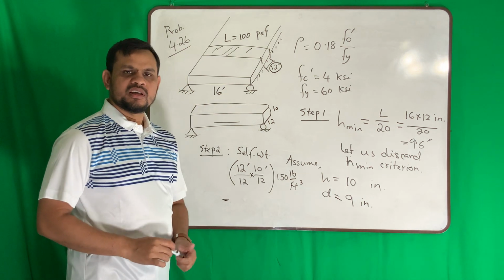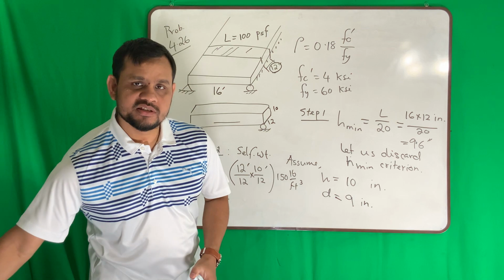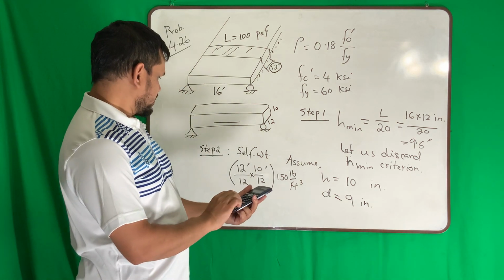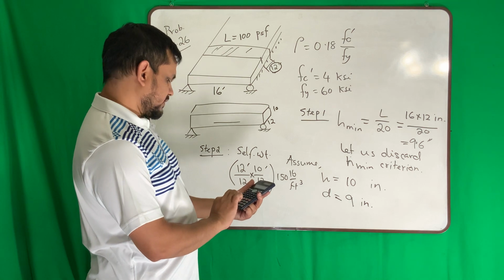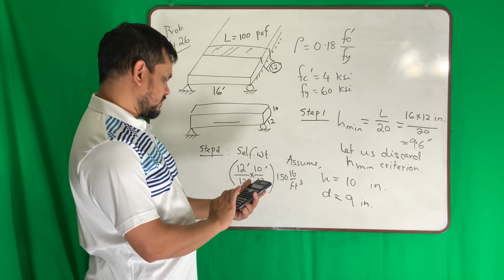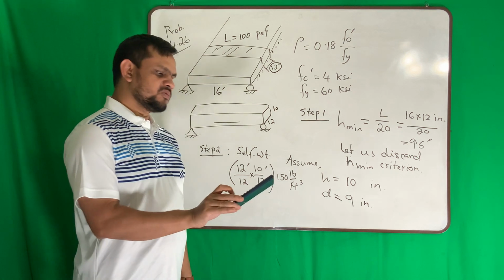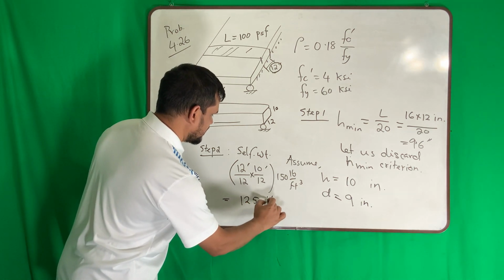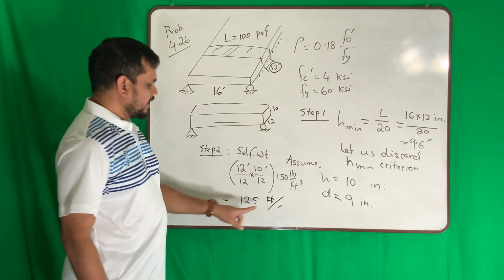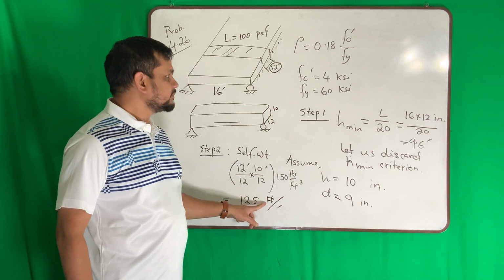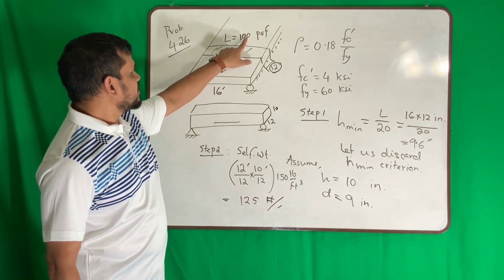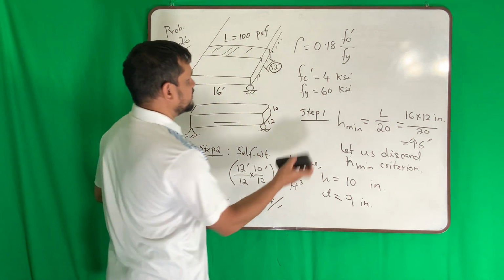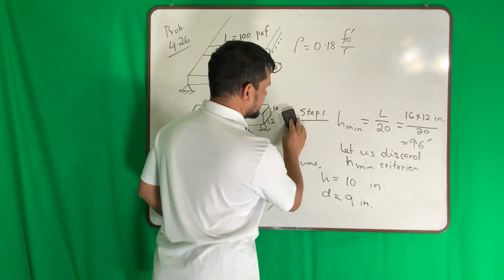Where did I get it? The unit weight of reinforced concrete is typically 150 pound per cubic feet. So 10 divided by 12 times 150, I got 125 pound per feet. This symbol we use for pound. This is done.